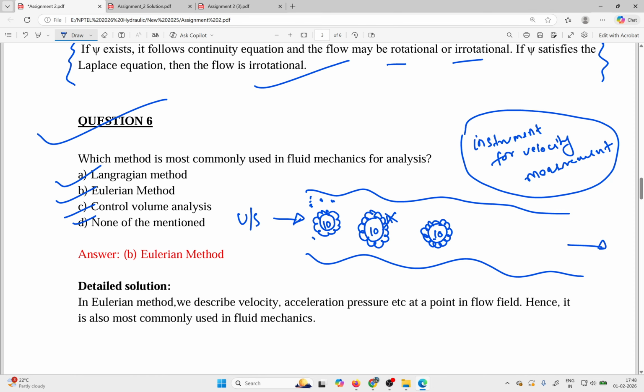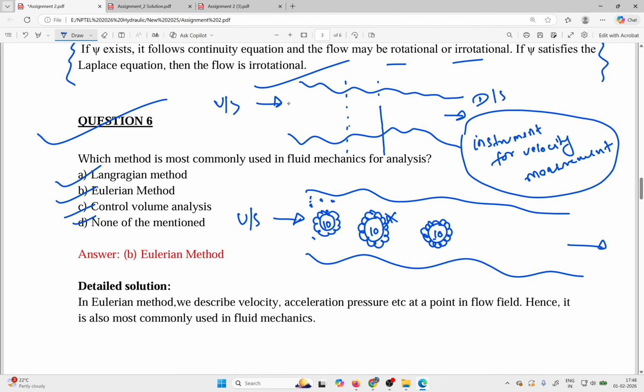What is the Eulerian approach? This is your river, the same river, the upstream, and this is your downstream. You will take a section, and in the section you will measure the velocity.